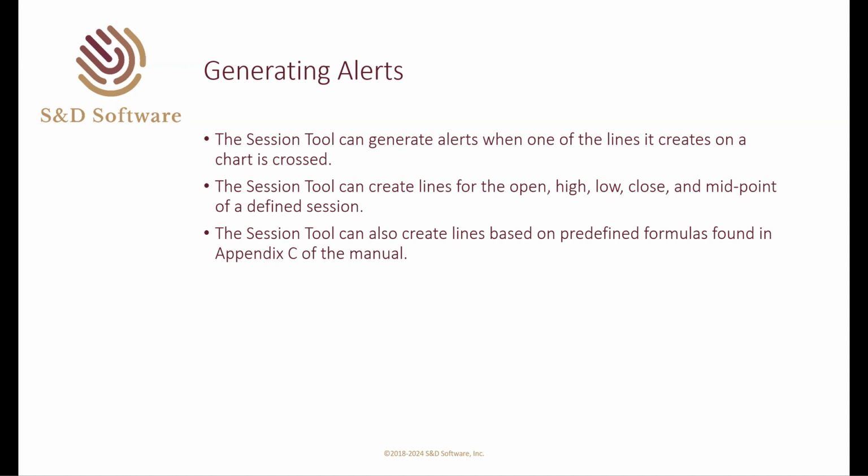So if you're using a 15-minute open range breakout box, which is very common, typically you would turn on the high line, the low line, and the midpoint line in the session tool. And there are open range breakout strategies associated with each of those lines within the session. This way you can get alerts when price crosses those lines to perhaps put some of those strategies into action.